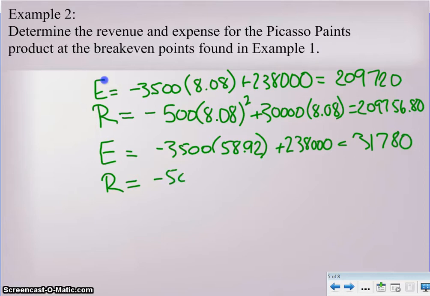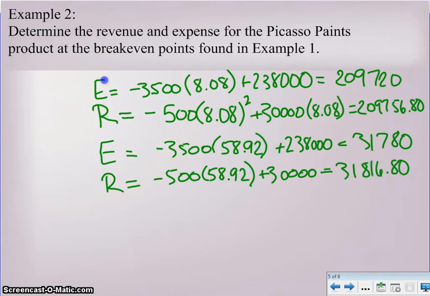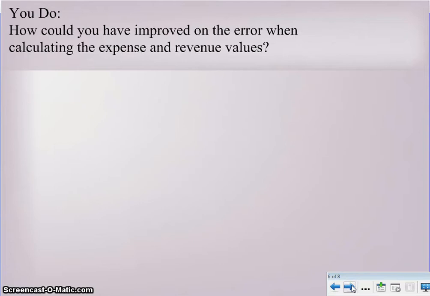Whereas here, the negative 500 times the 58.92 plus the 30,000, and I end up with $31,816.80. So again, not exact, but pretty close to each other. All right, go ahead, press pause, think about this for just a moment, come back and we'll finish this lesson out.